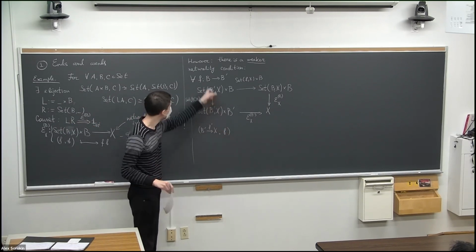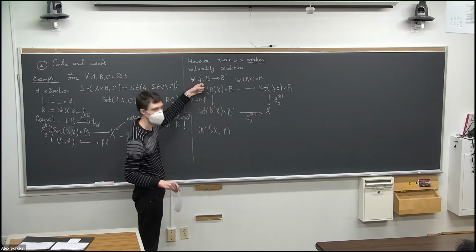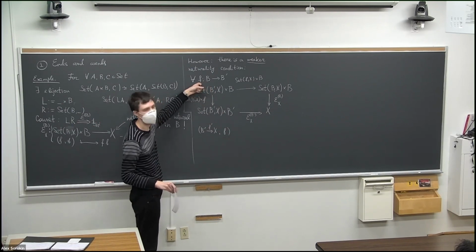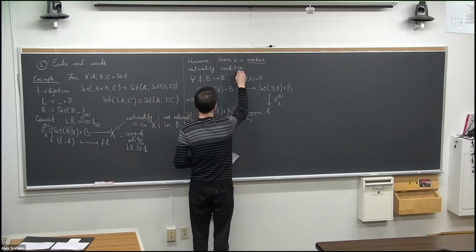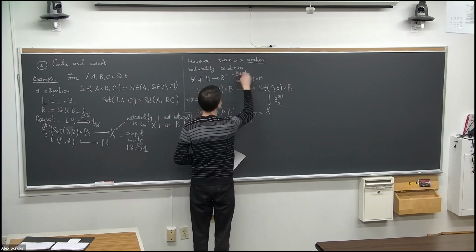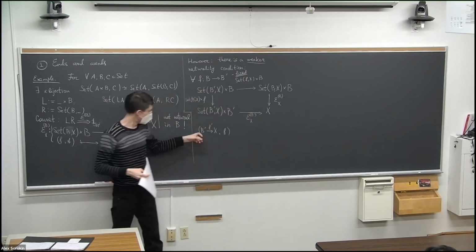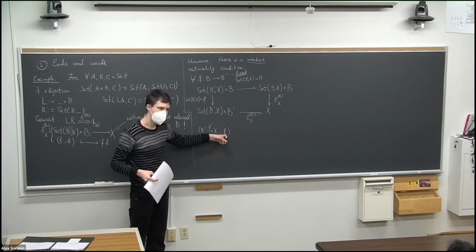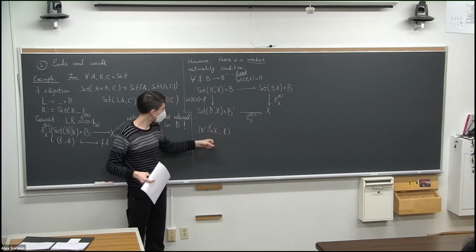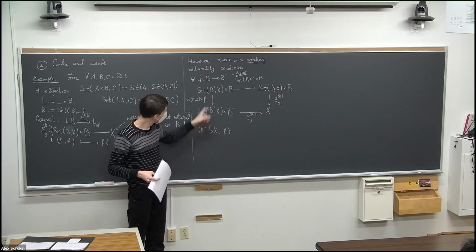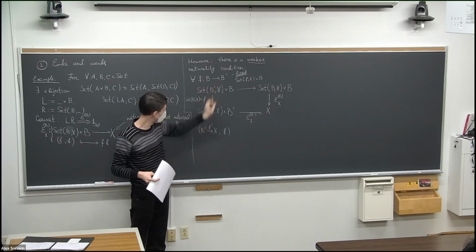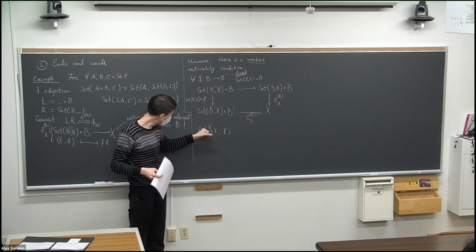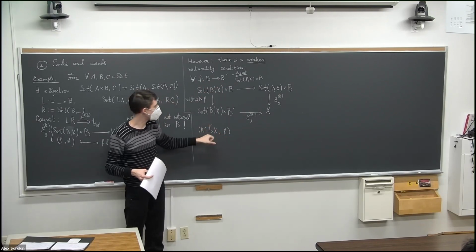If I know that my f is fixed, first of all, I need to take my element b to the set B prime using f, and then apply f prime, and I will land in X.